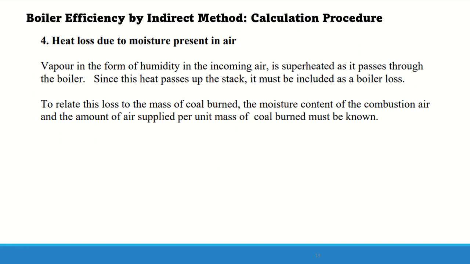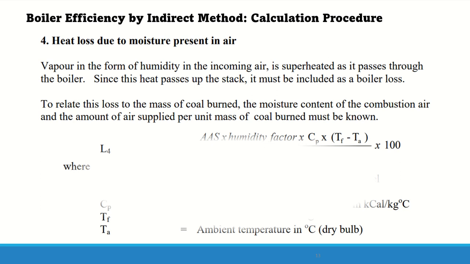Therefore, we can calculate the heat loss due to moisture present in air. For that, we calculate the specific humidity for the particular air, and with the help of specific humidity, we can calculate the loss due to moisture present in the air.